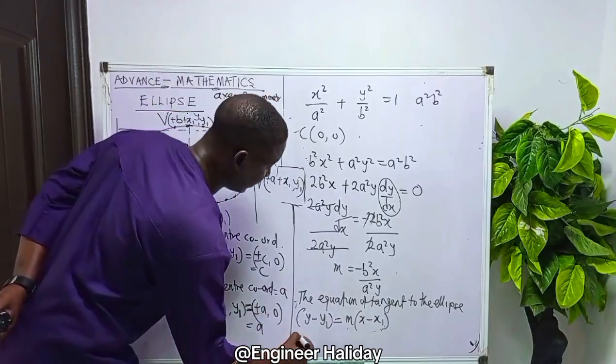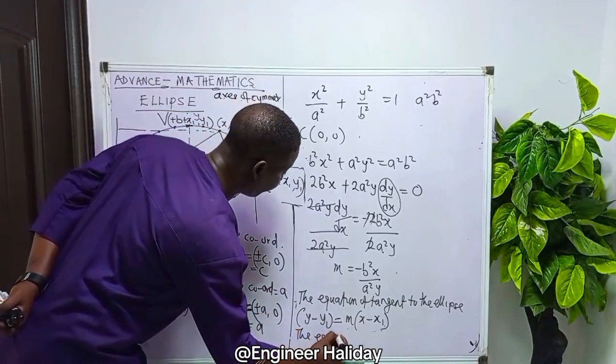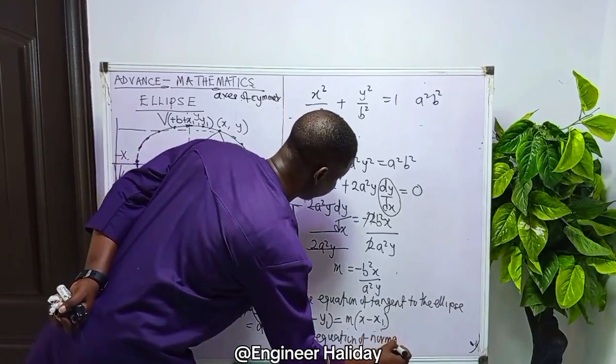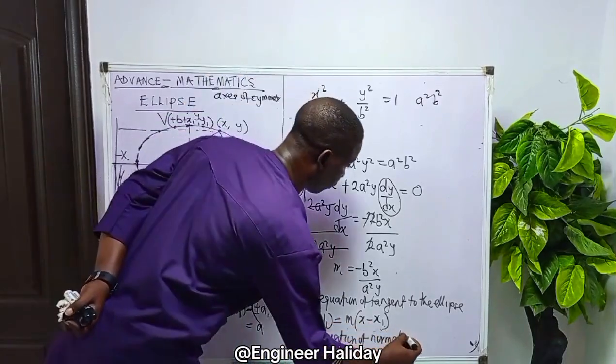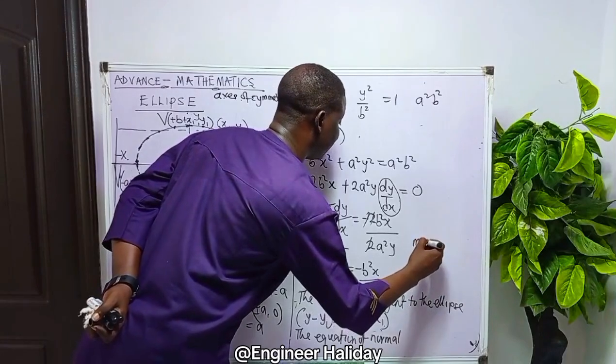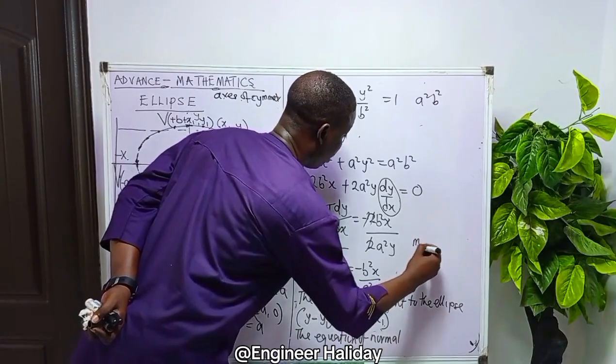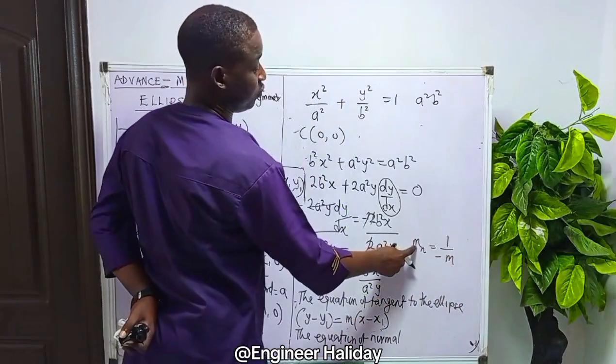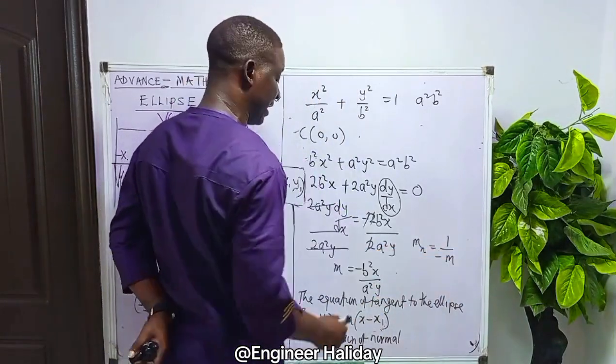Then what about if you want to find the equation of the normal? Don't forget, if the tangent gradient is equal to m, the normal will be equal to 1 over minus m. That means the normal gradient will be 1 over the negative tangent gradient.